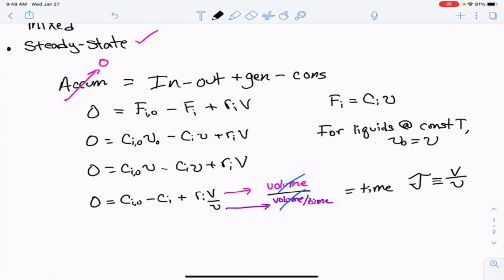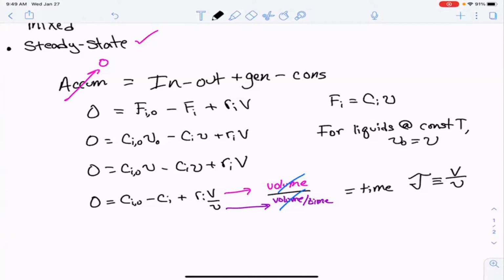If you had a really, really large reactor or a slow volumetric flow rate, the residence time, the average amount of time that a species spends in a reactor, is very large. And so you might expect that more reaction would happen at larger residence times. Whereas if you had high volumetric flow rates or a tiny volume, the residence time would be low and the amount of reaction that could occur in the reactor would not be as high.